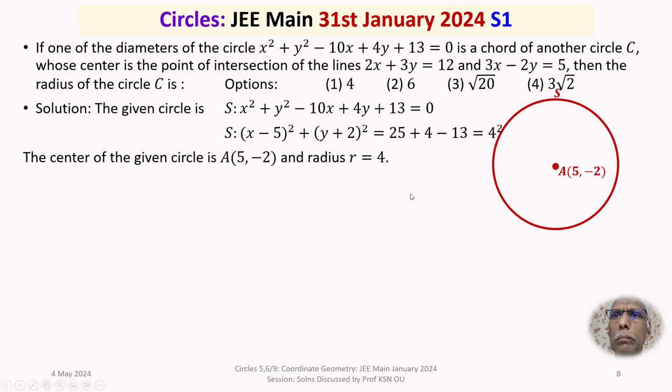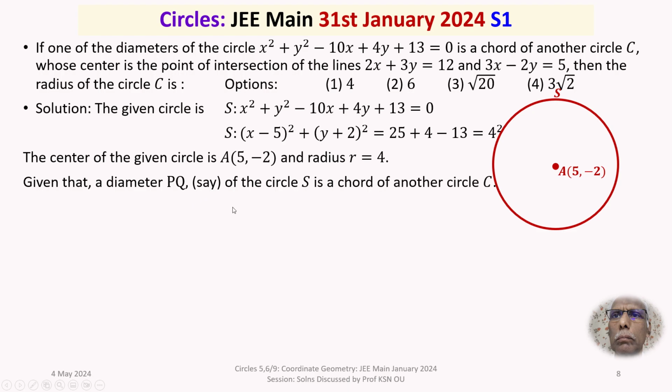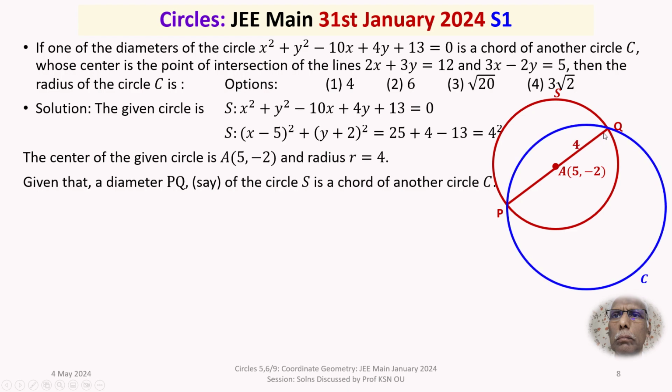Now given that a diameter PQ, say, of this circle S is a chord of another circle C. So let us take a diameter, call it PQ. Right, this is your 4, that is AQ is 4. And this diameter is the chord of another circle C.